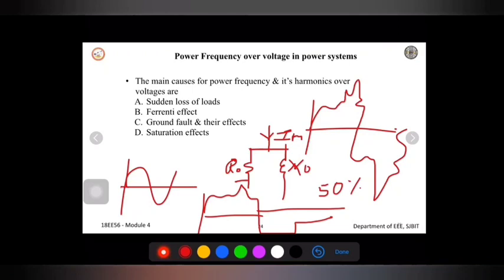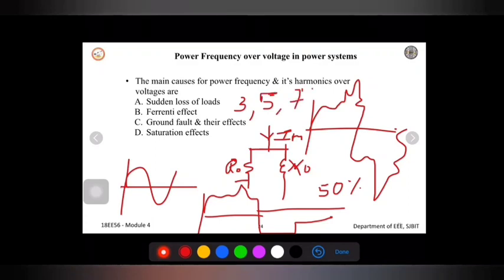Usually third and seventh harmonic content may be present within these waveforms. Whenever it is not a pure sinusoidal waveform, obviously we say there are harmonics in the system. That harmonic will usually be the third, fifth or seventh harmonic.